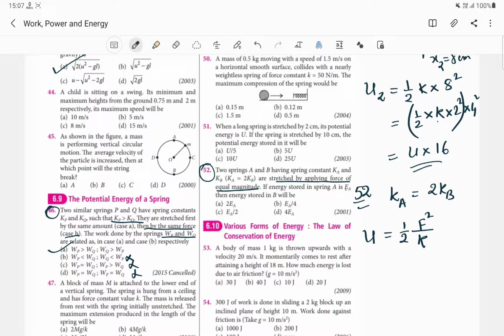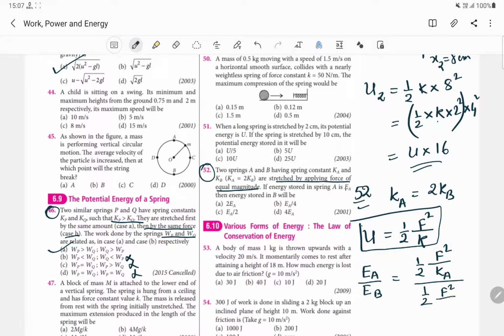Energy stored will be equal to half F square divided by K. To find the ratio between the two, energy stored in A, Ea, divided by energy stored in B, Eb, will be equal to half F square divided by Ka, divided by half F square divided by Kb.